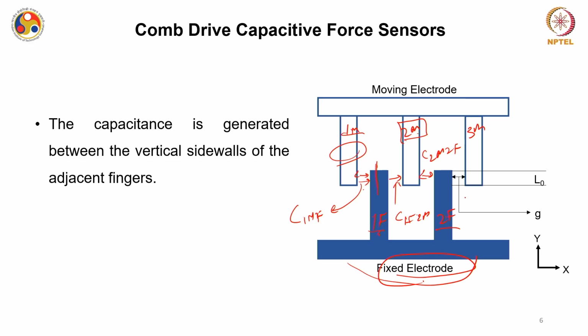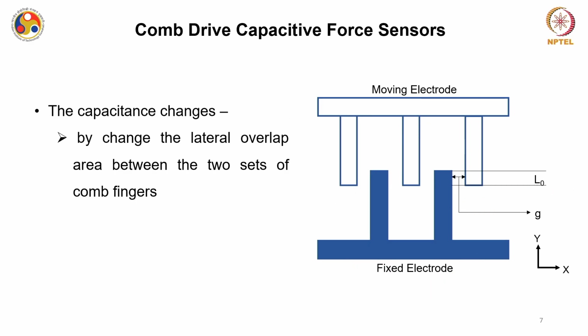I have another capacitance which is C2F3M and so on, right? These can be the different capacitances which get formed in this comb drive kind of capacitive force sensors. Now, these capacitances can change.